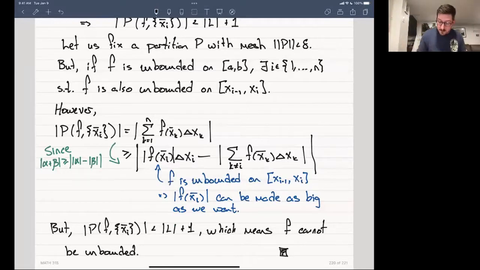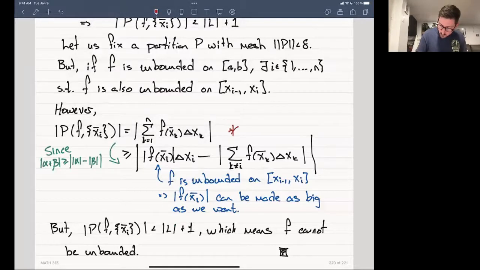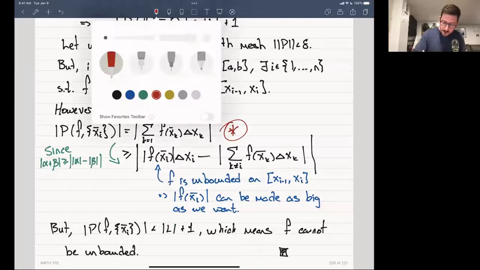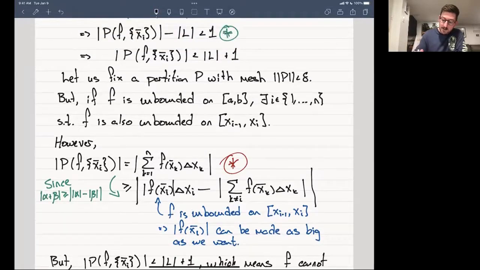That's essentially what this inequality in the middle of the board is giving us. It's telling us that your Riemann sum is no bigger than the rectangles that you're using to build it. Now, if you can make one of your rectangles as tall as you want, that means your Riemann sum is going to get pretty darn big. But the issue is that we already said your Riemann sum can't get that big because we know it converges.